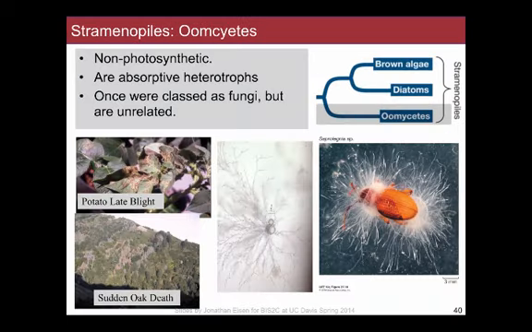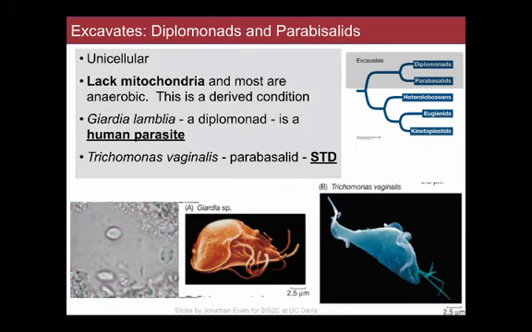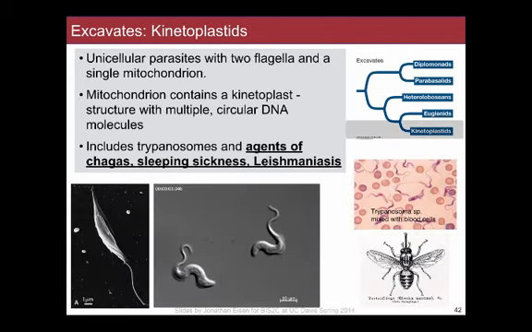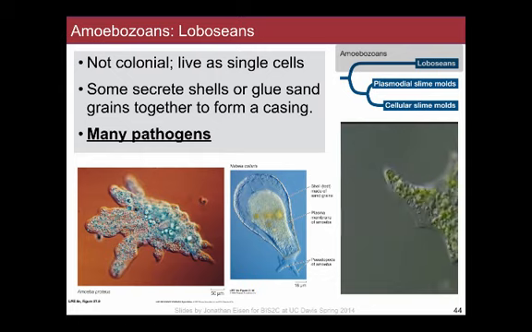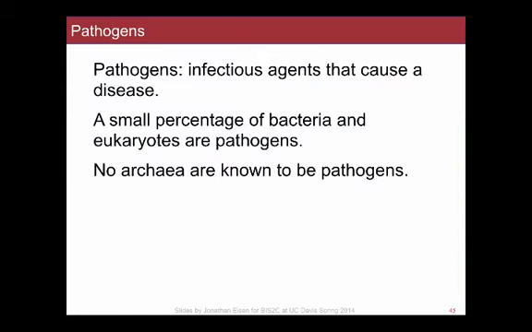The oomycetes include a variety of pathogens, some of the best characterized ones. The diplomonads and parabasalids include many pathogens. The kinetoplastids include many pathogens, and so on. The heterolobosians. I mean, there are pathogens scattered throughout the tree of life.